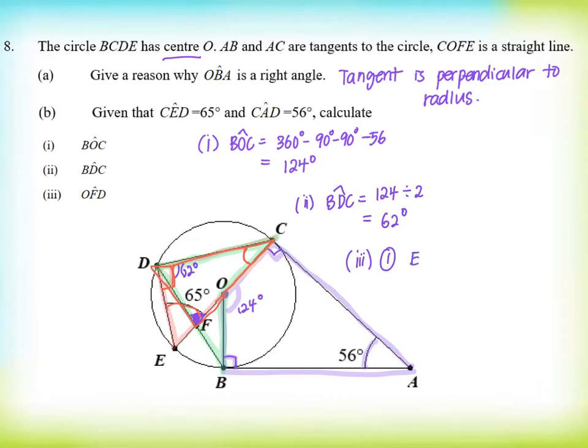Angle ECD will be angle sum of triangle, 180 minus the right angle, angle in semicircle, minus the 65 degrees that's given, and that will be the number 25.